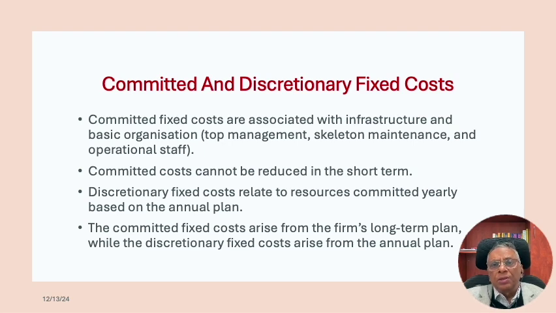But even in the middle of the year, you may decide that you will cut on advertisement. So we say it is discretionary. Similarly, training expenses are discretionary costs. But when you cut back on those costs, that impacts the long-term health of the company. And therefore, usually companies will not cut on those costs even when the volume of activity is low.